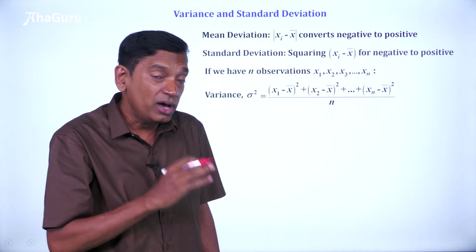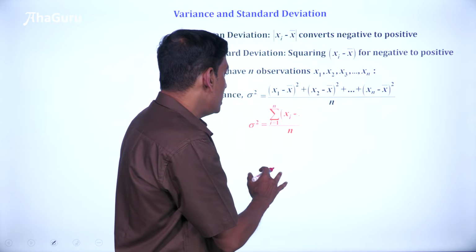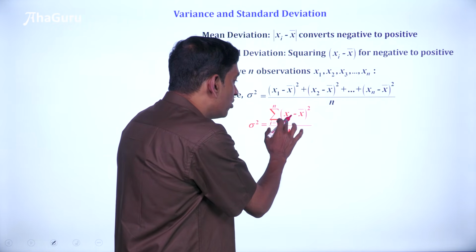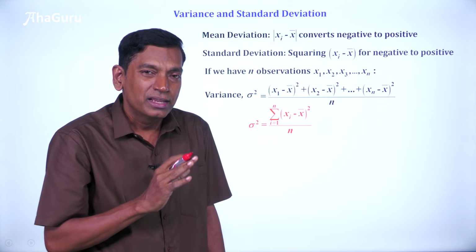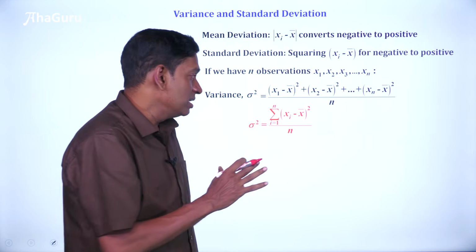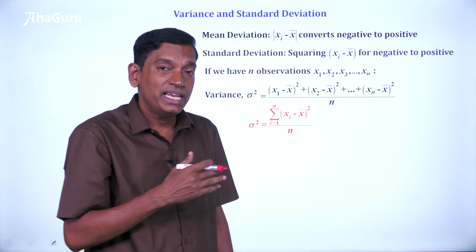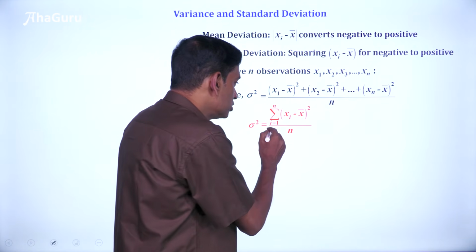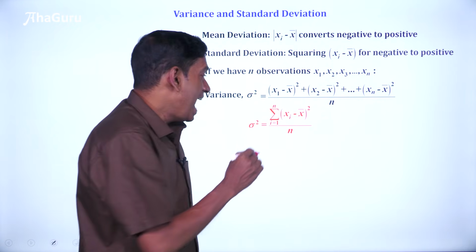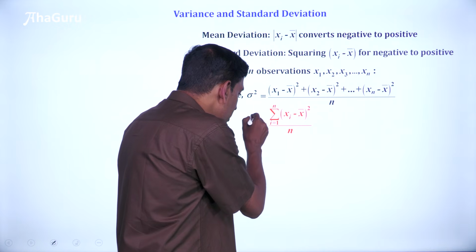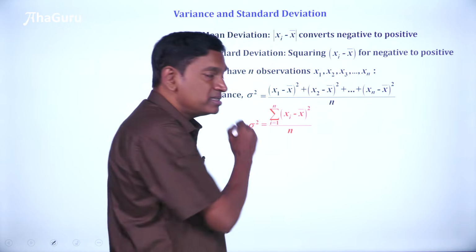Now, this can also be written as the sum over i equals 1 to n of xi minus x bar the whole squared, divided by n. Now, there is a little bit of confusion that could happen here, because when I say sigma, it also denotes the symbol for summation, and also the symbol we have used here whose square is the variance.